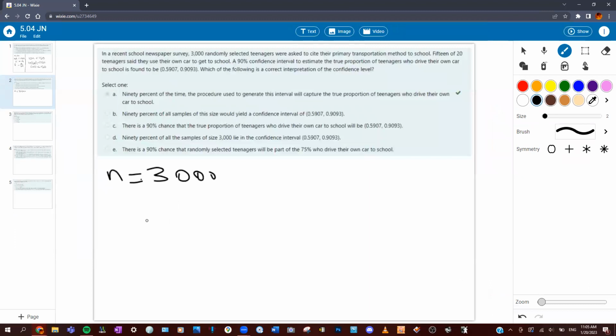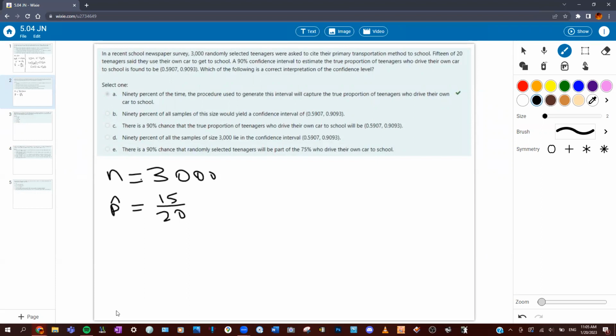They were asked about their primary transportation method to school, and 15 of 20 said that they use their car. So there we go, that's our proportion. A 90% confidence interval to estimate the true proportion is found to be that.